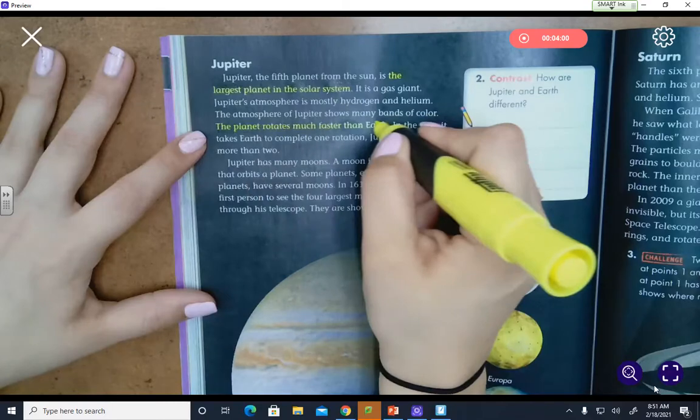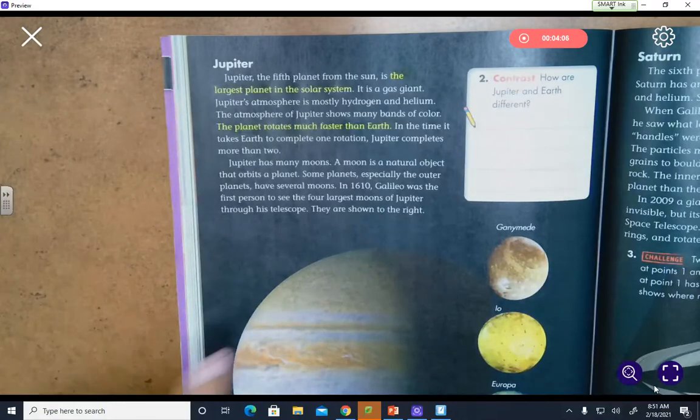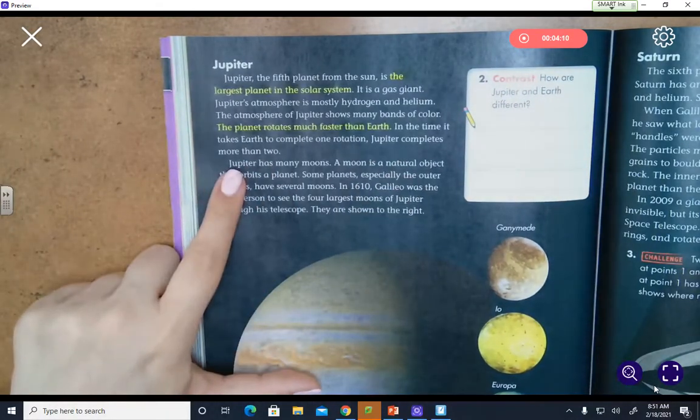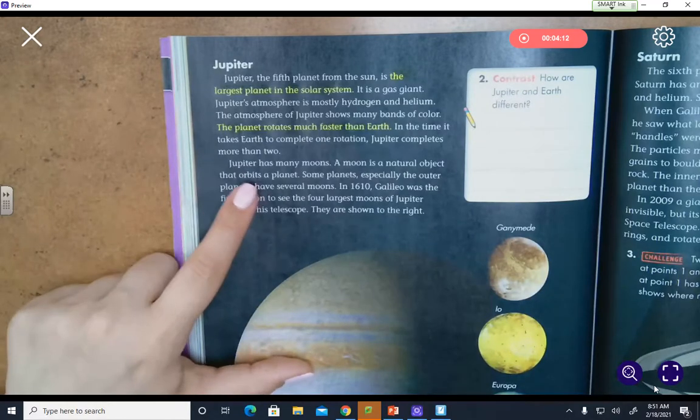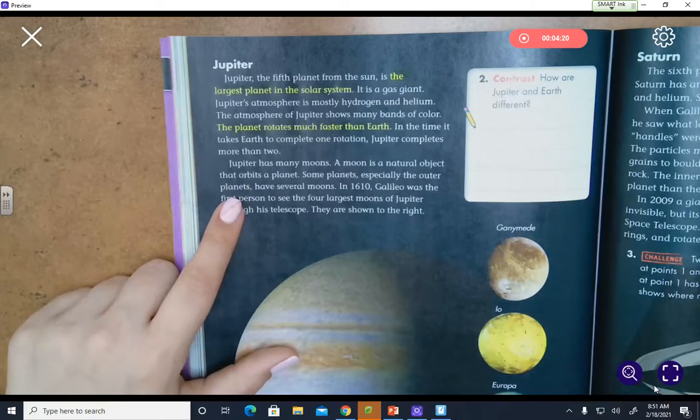Highlight that. In the time it takes Earth to complete one rotation, Jupiter completes more than two. Jupiter has many moons. A moon is a natural object that orbits a planet. Some planets, especially the outer planets, have several moons.